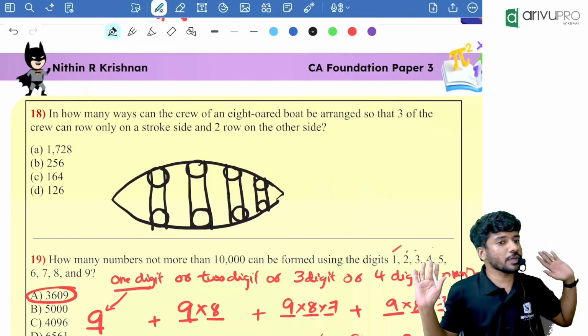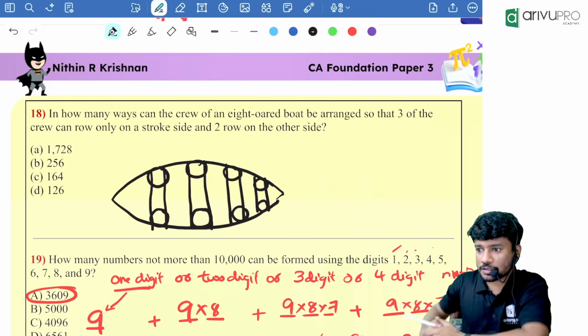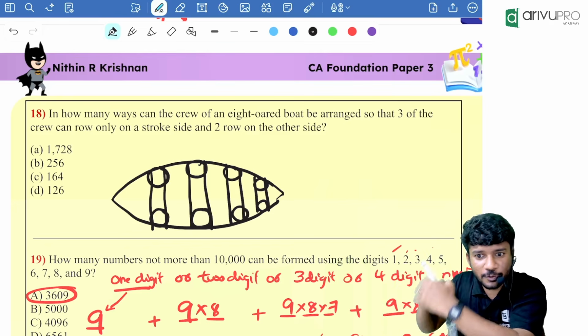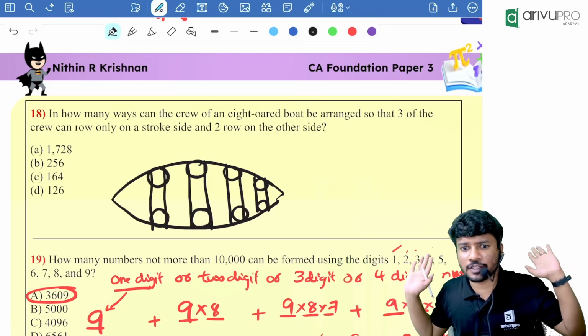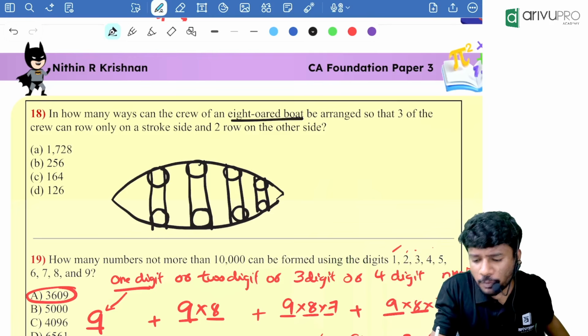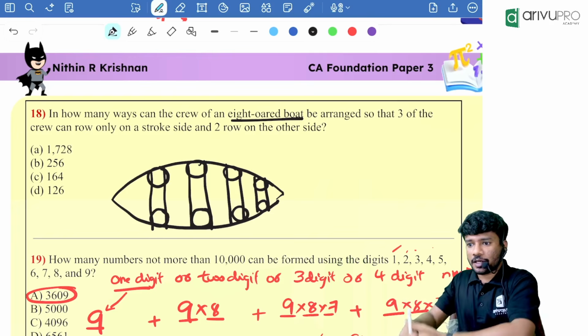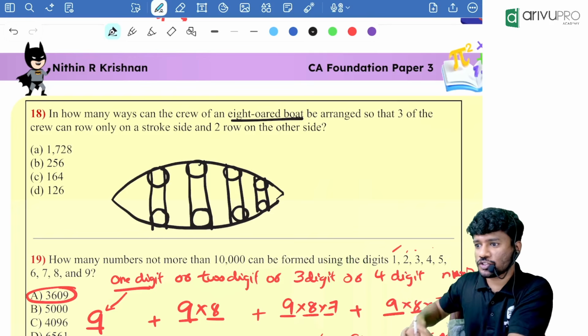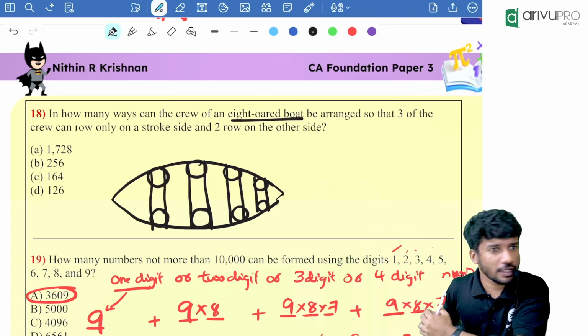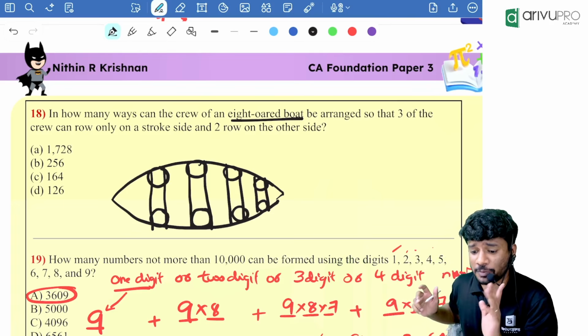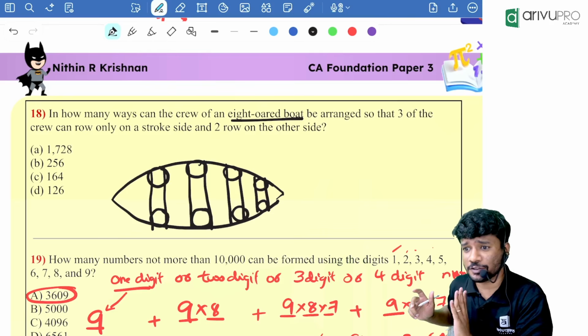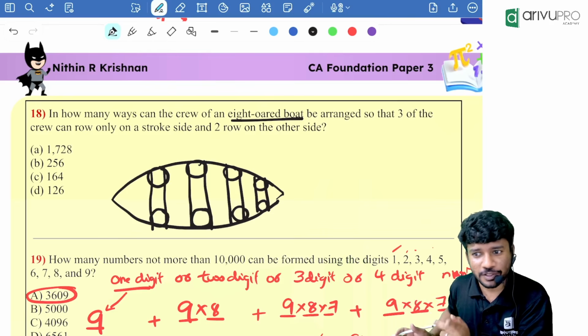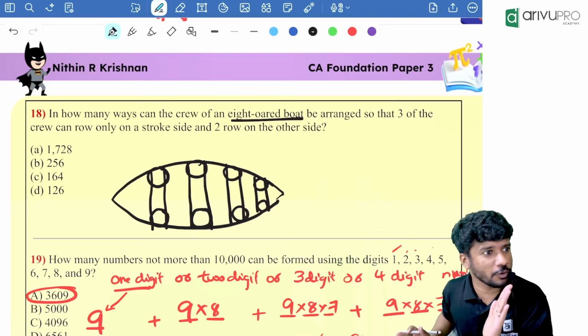Likewise 8 people are sitting and rowing. Are you getting the point? Everyone is clear with the basics? An 8-oar boat means 8 people are rowing. If that is not clear, many of you will get lost right there. Now everyone is clear with the 8-oar boat part.